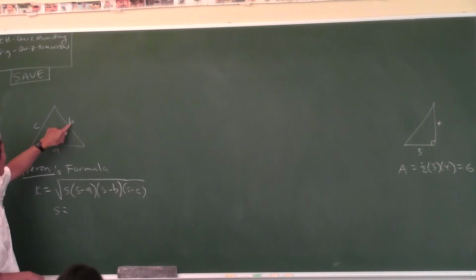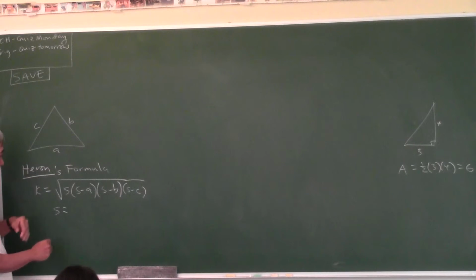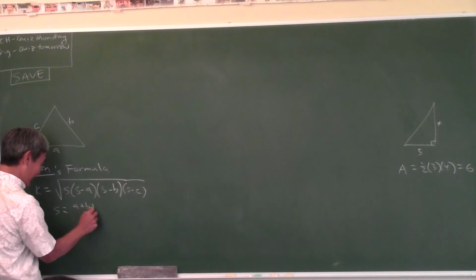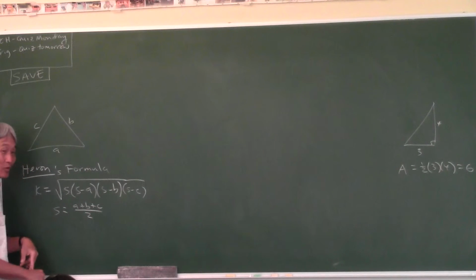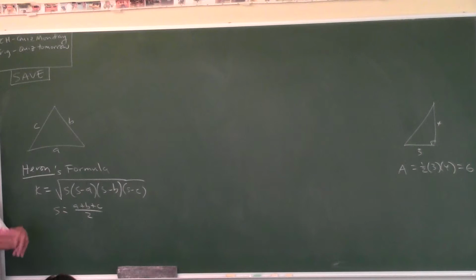So what is the perimeter of this triangle? a plus b plus c. The semi-perimeter is half of that, divided by 2. Semi means half, like semi-circle. Semi-sweet means half sweet. Semi-perimeter is half the perimeter.